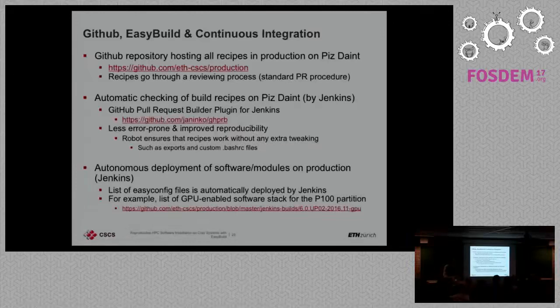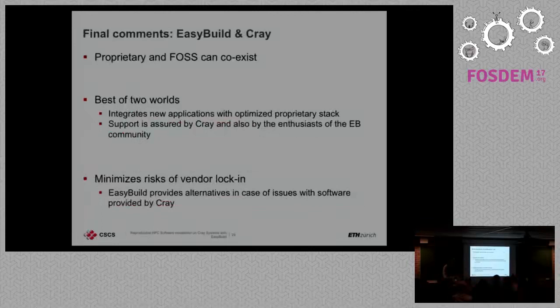We have this GitHub repository where people can also open pull requests and contribute back. For PitsDyn specifically, we also have automatic checking of the recipes using the GitHub pull requests builder plugin. So we check everything before merging to the master.